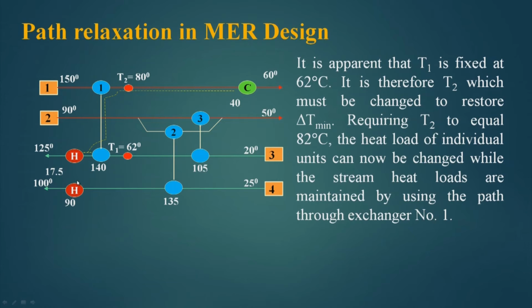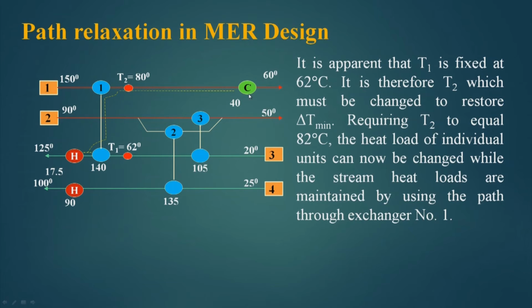So, the capacity of this heater increases, the capacity of this heat exchanger decreases, and then the capacity of this cooler increases. In this path, if I am increasing the capacity of the heater by x amount, then I have to decrease the capacity of heat exchanger number 1 by x amount, and then increase the capacity of the cooler by x amount.